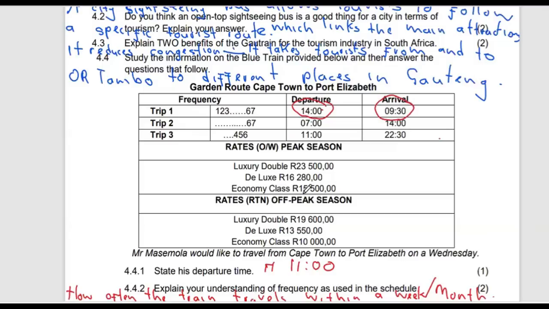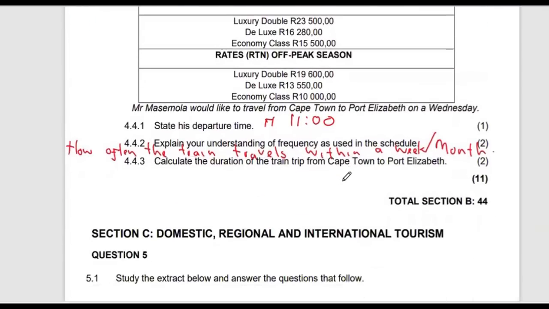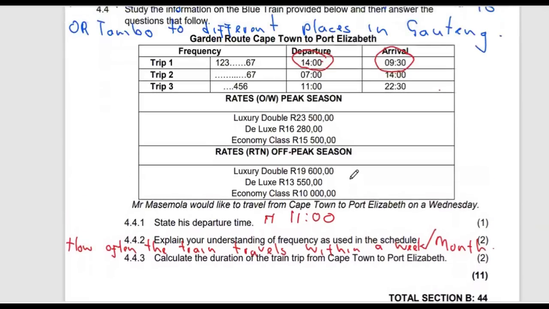So we need to calculate. So we say 24 minus 14 is equal to 10 hours, plus 9.5 hours, which is 9:30.